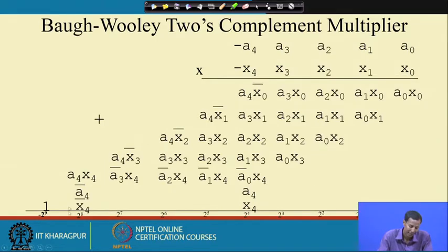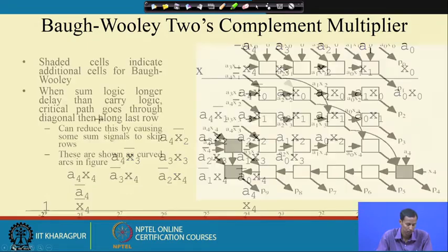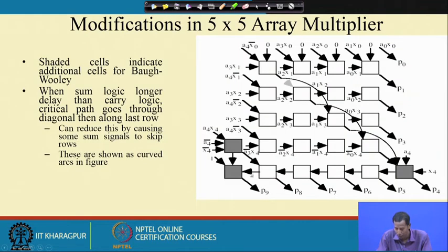That carry also has to come to this P9 stage. It will pass through P7, P8 and then come to the P9 stage. Those carries also have to be added, and then I will get the final P9 over here.